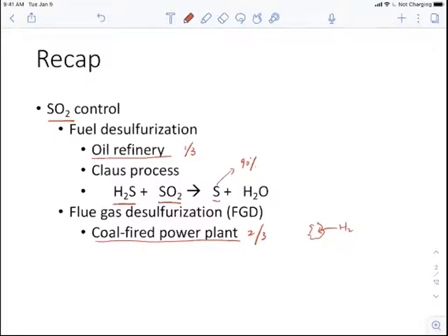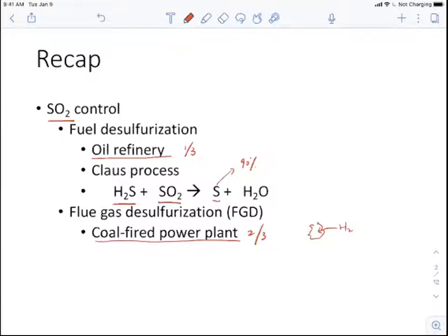So we tend to deal with it after combustion. Another advantage of flue gas desulfurization is that coal is typically centralized in the coal-fired power plants, so it's easier to emit everything first and then deal with it before releasing the treated flue gas.